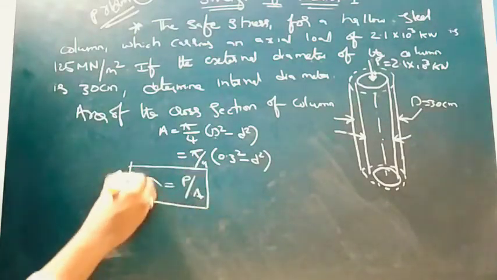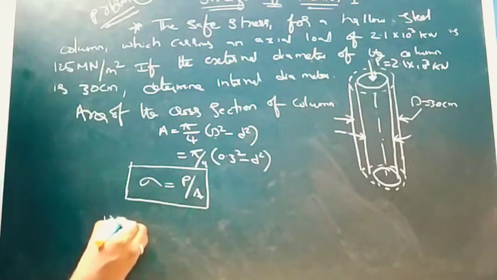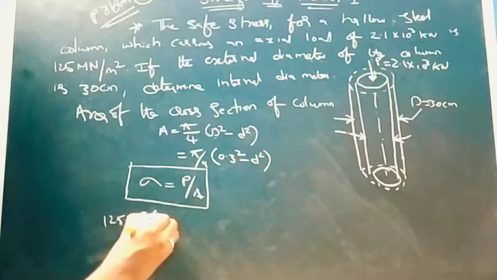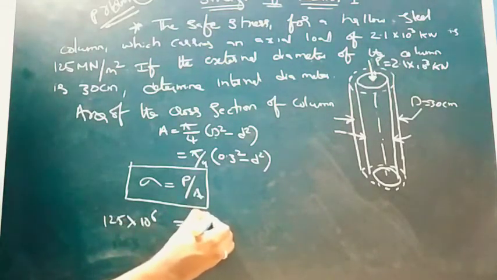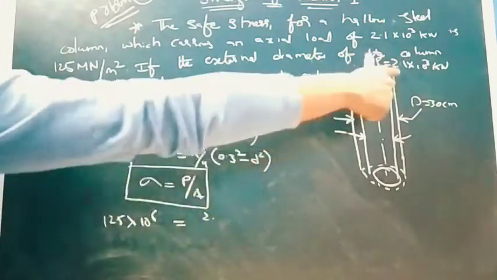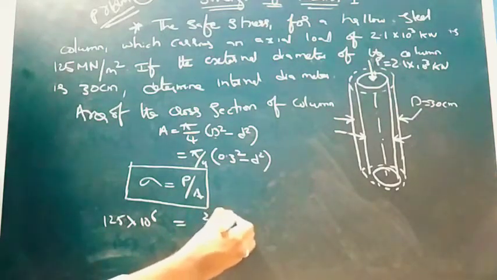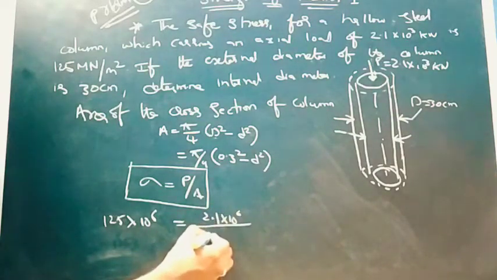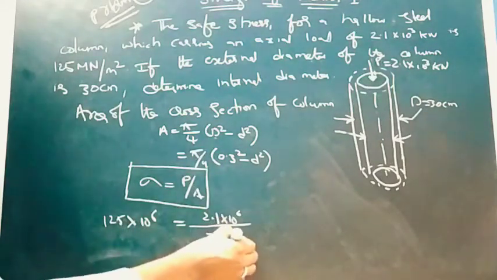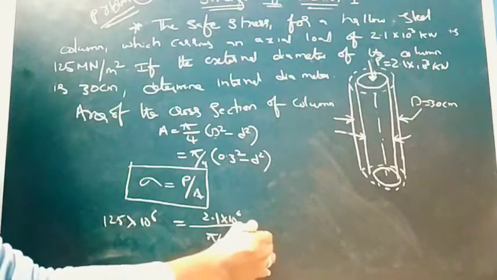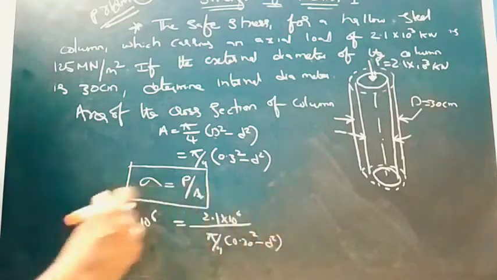So 125 into 10 to the power of 6 equals 2.1 into 10 to the power of 6 upon pi by 4 into 0.3 squared minus small d square.